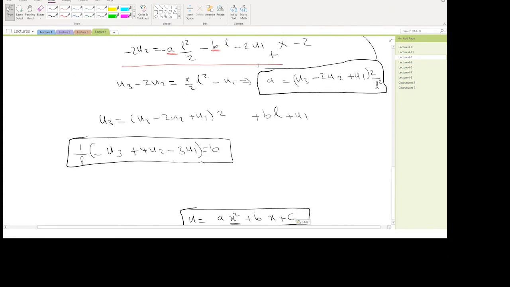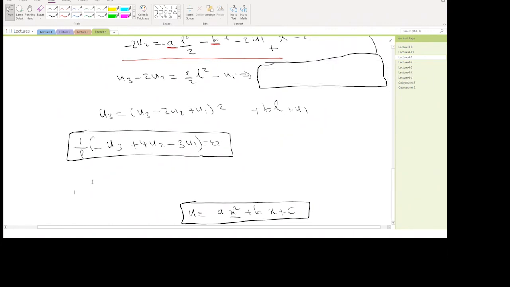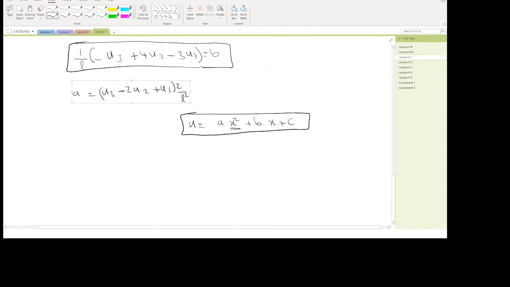I'm just going to copy A here as well. So I'm just going to insert these into the equation star. Inserted here and inserted here.